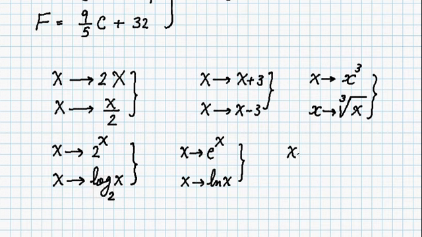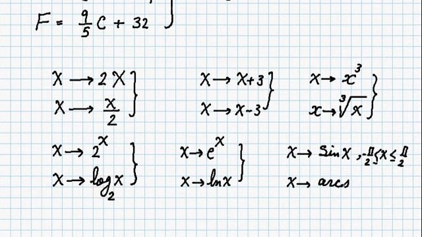If from x you make a sine of x, provided that you restrict your x to a range either minus pi over 2 radians to pi over 2 radians, or from minus 90 degrees to 90 degrees, then the inverse of that is written as x going to arc sine of x, sometimes written as sine inverse of x in this fashion.